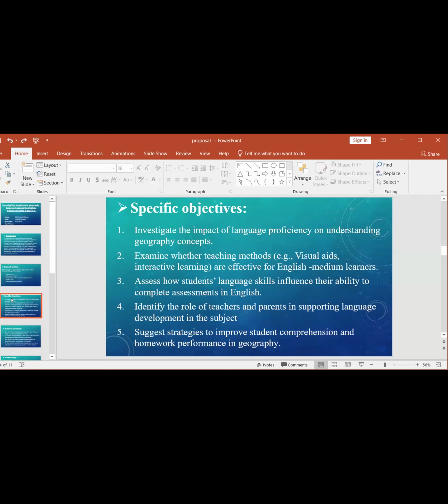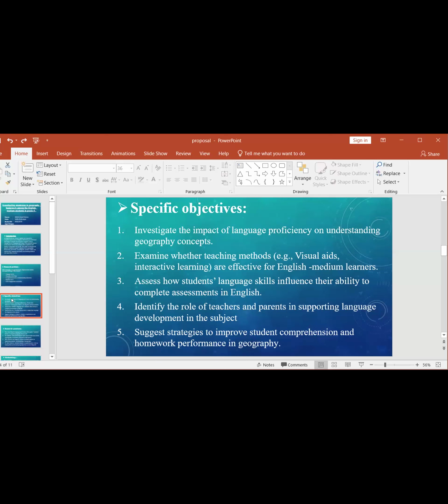The third one is to assess how students' language skills influence their ability to complete assignments in English. The fourth one is to identify the role of teachers and parents in supporting language development in the subject. The fifth one is to suggest strategies to improve students' comprehension and homework performance in geography.